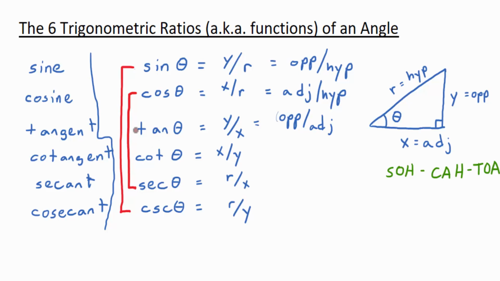And then these two inside guys are reciprocals as well. However you do it, make sure you remember those reciprocal relationships. Because if you remember the reciprocal relationships, you only need to define the first three trig functions and know those by heart. Okay? And to know those by heart, just know SOHCAHTOA, and you'll have it.